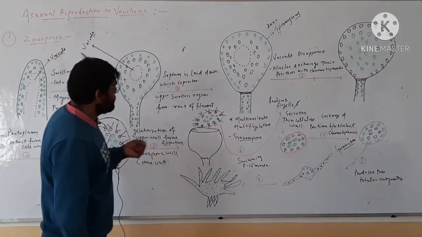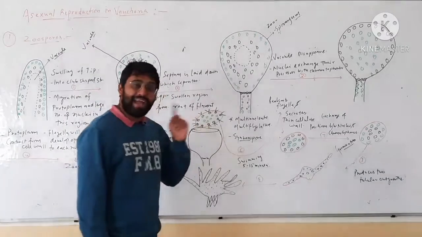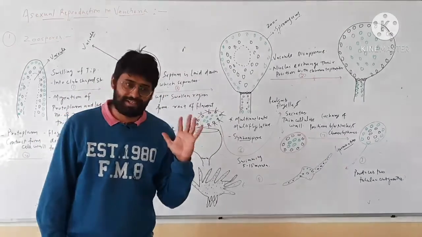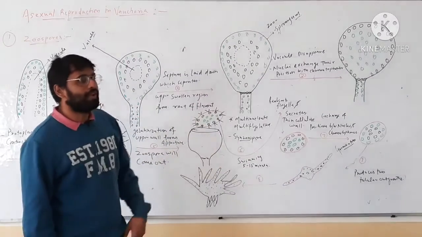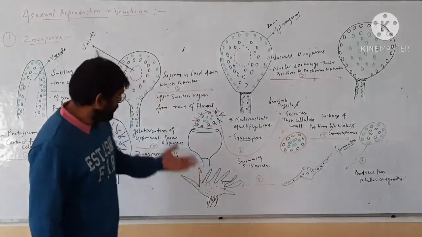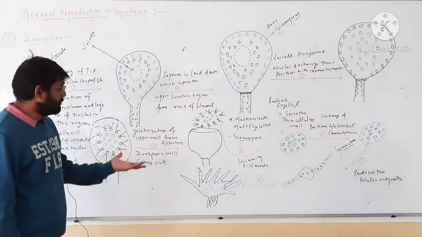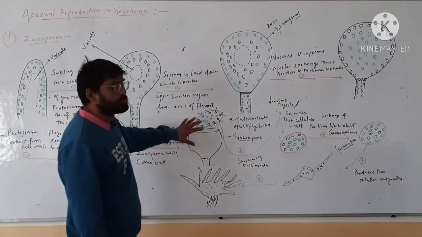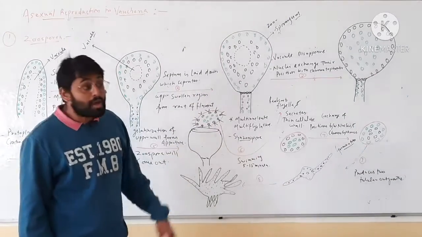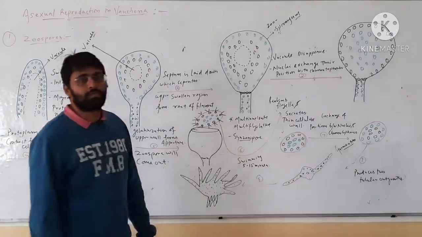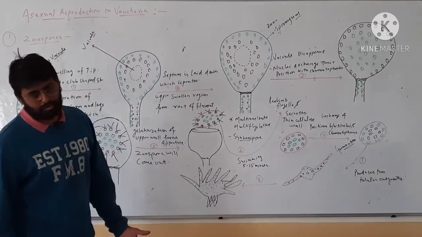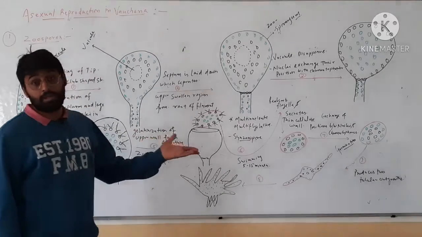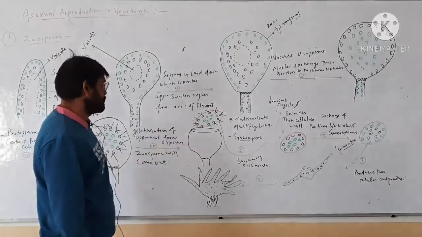Because it is multinucleate and multiflagellated. There are many nuclei, and from each nucleus two flagella will develop, so there are many flagella also. This type of zoospore is called a compound zoospore, synzoospore or cynozoospore.